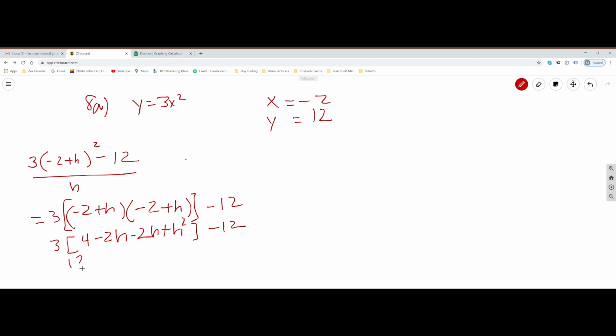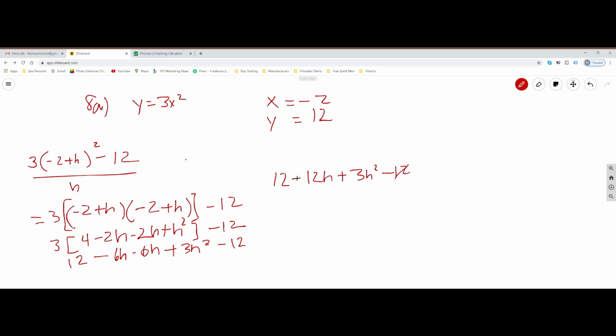So you get 12 minus 6h minus 6h plus 3h squared minus 12, and you have 12 minus 12h plus 3h squared minus 12.